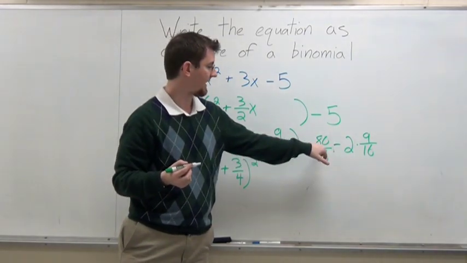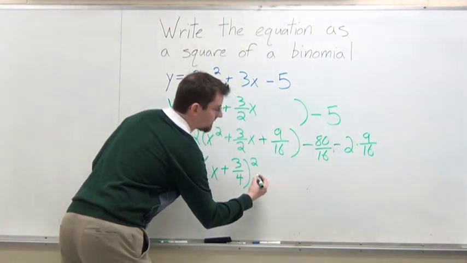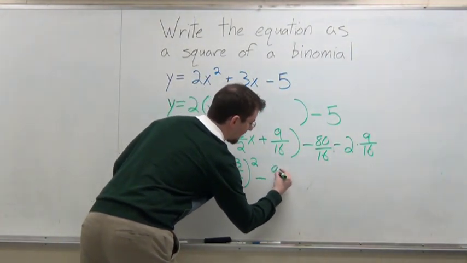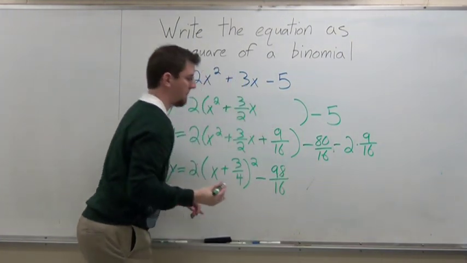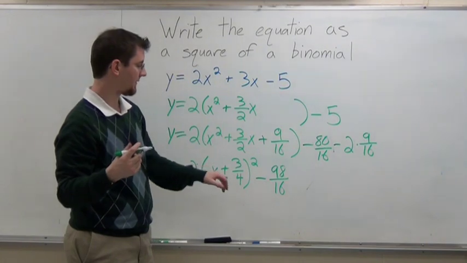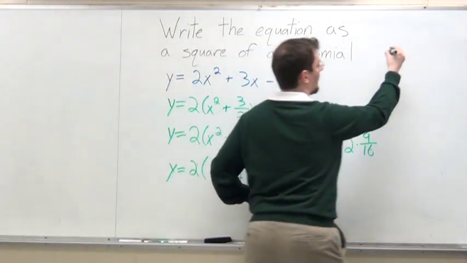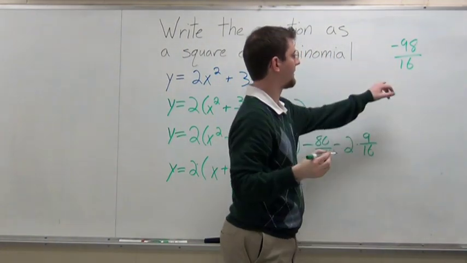So minus 80 minus 18 over 16. Minus 98 over 16. Now I need to go ahead and reduce that. So let's see.